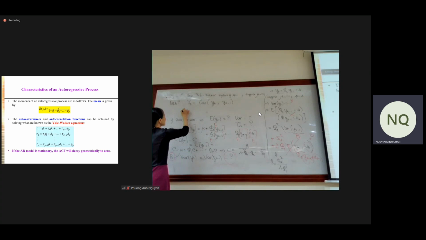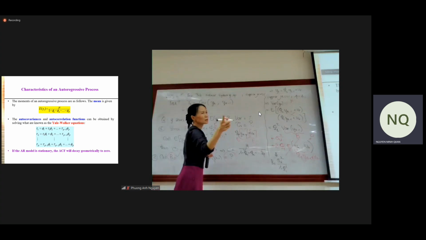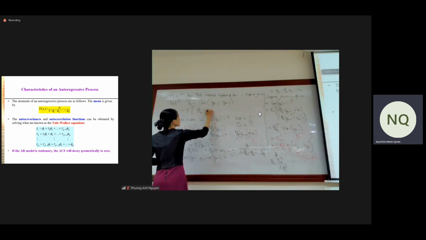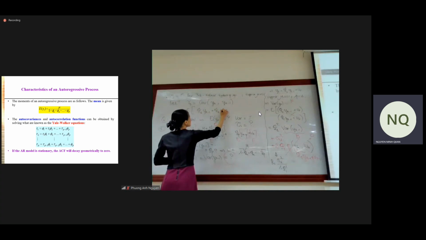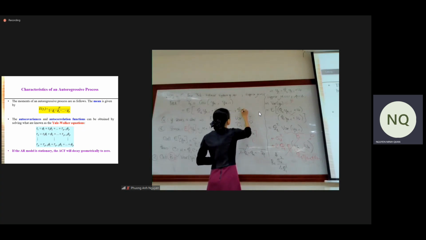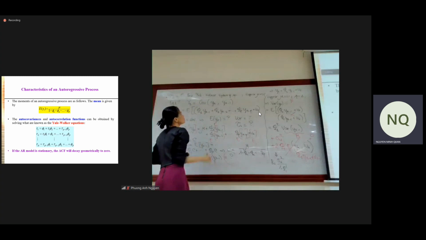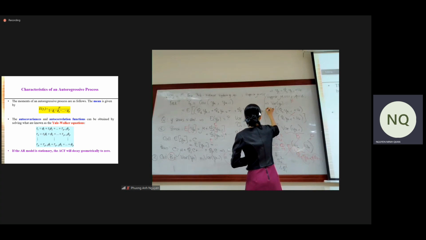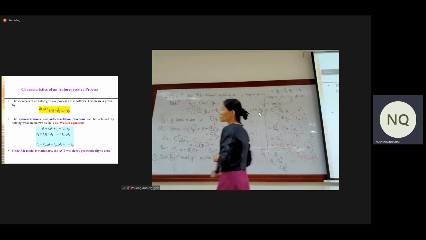The good way to write it down is to replace y_t. Because the mean is 0, y_t is constant 0 plus phi_1 y_{t-1} plus phi_2 y_{t-2} up to phi_p y_{t-p} plus u_t, times y_{t-1}.